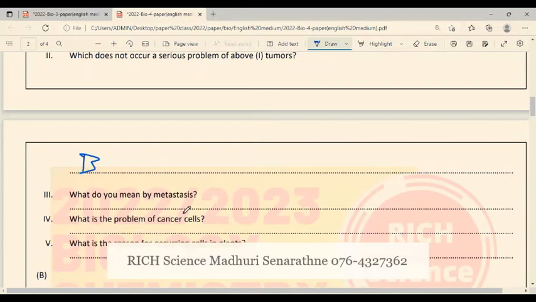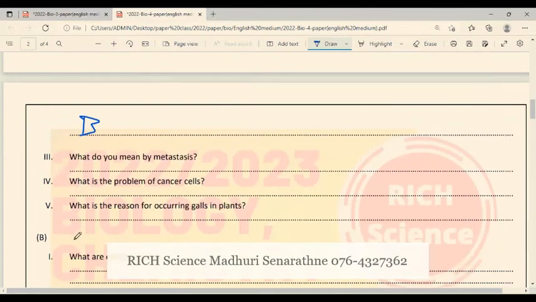Spreading of cancer cells to locations distant from their original site is called metastasis. For this question, this space is not enough, so please use this space also.